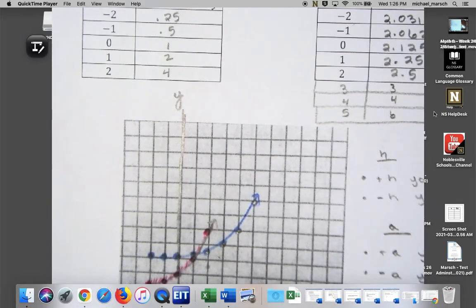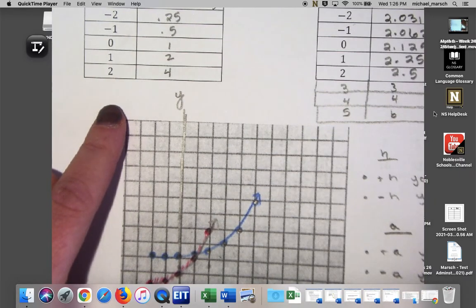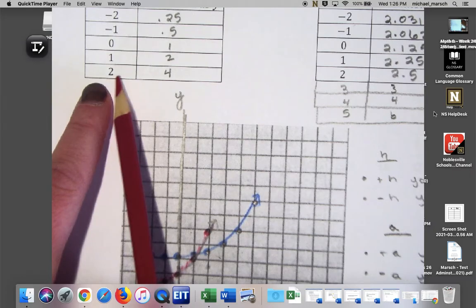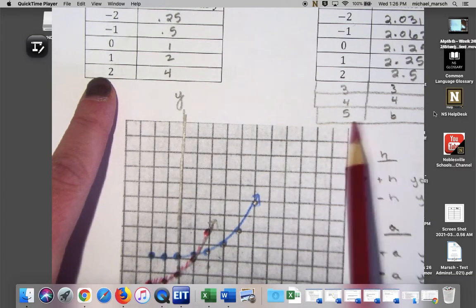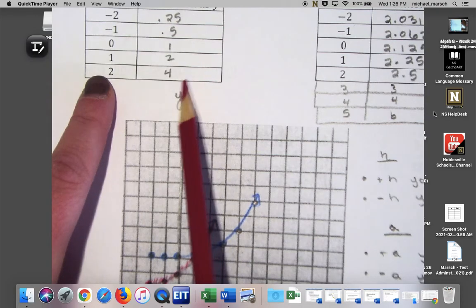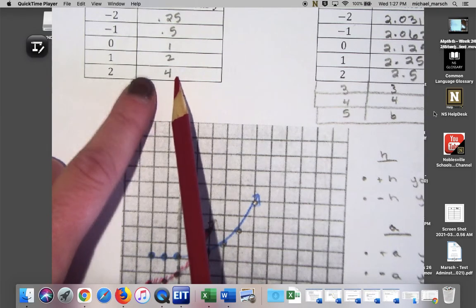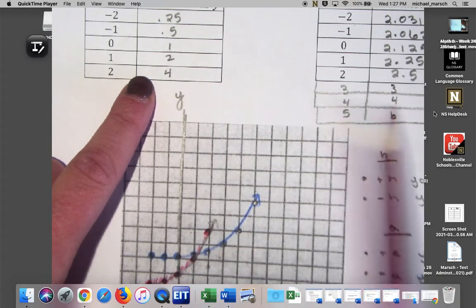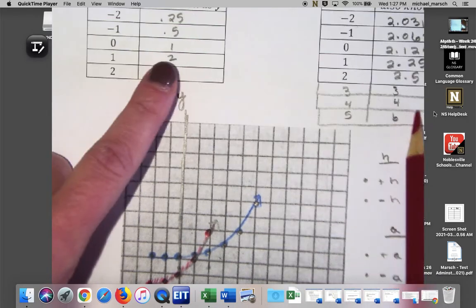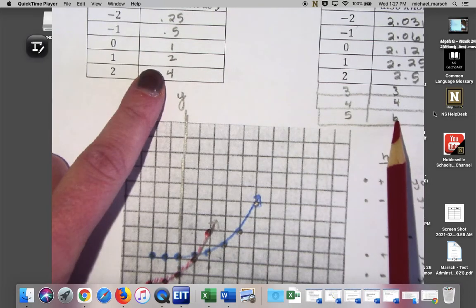So some people have trouble because they're like, well, my table doesn't work out. It does actually. So this h tells me I'm going to go 3 to the right. What's 3 to the right of 2? 5, right? And then the a value tells me to go up 2. What's 2 more than 4? 6, right? So really, these 2 points are connected in that respect.